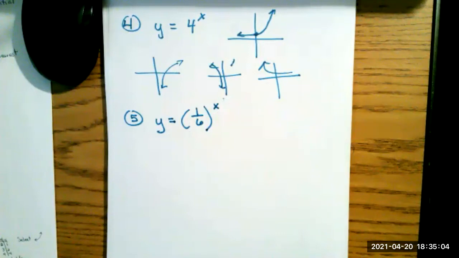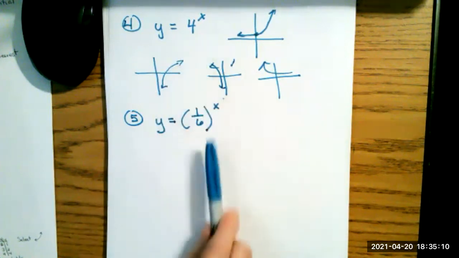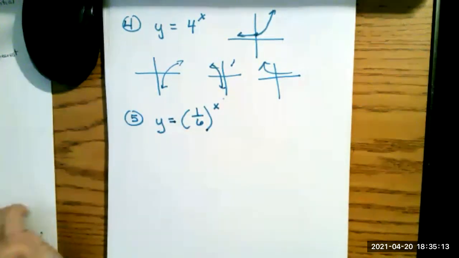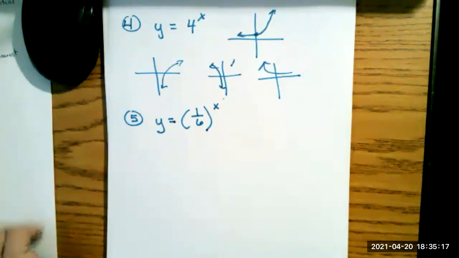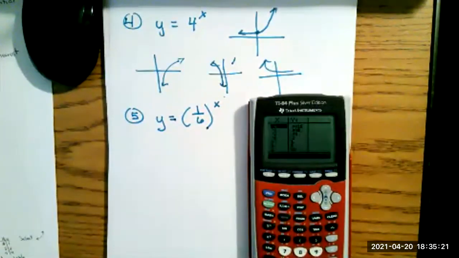Let's see what happens when we have a fraction for our base. What do you think is going to happen to our picture when our base becomes not 4 and not 5, but a fraction? Put it in parentheses and raise it to the x power and see what you get. What does it do that's different?